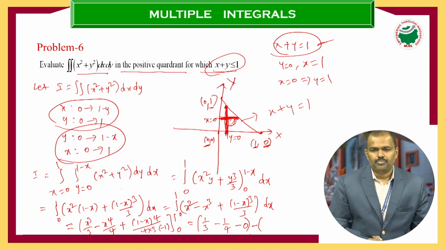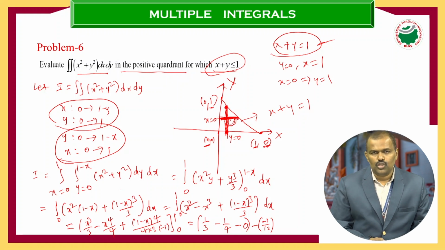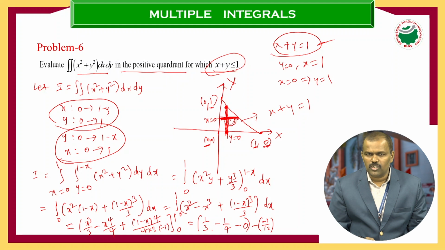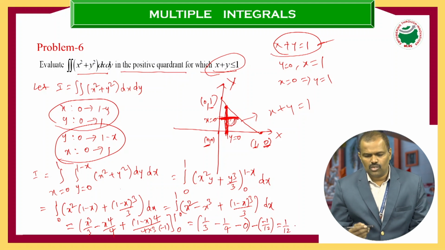So in this region we have to integrate. So in this region first we have to get the limits. So here points (0, 0), (1, 0), (0, 1). Those are the points of intersection. Now here two ways I explain, either x in terms of y constants, or y in terms of x constants.